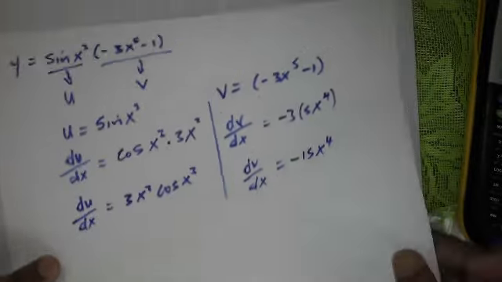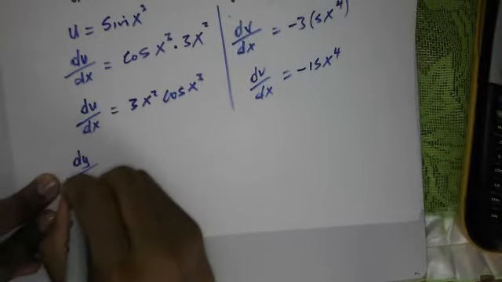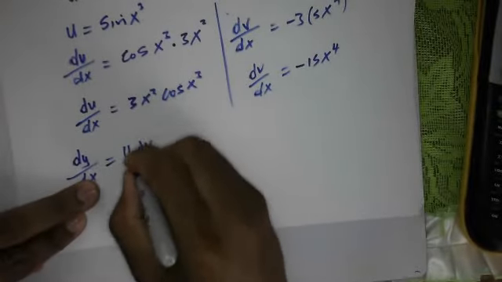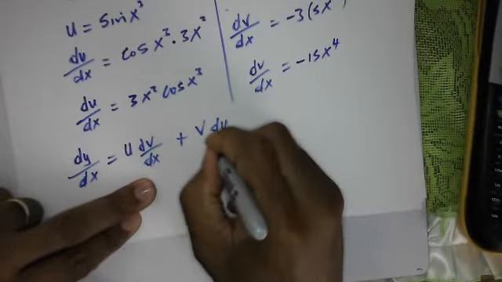So therefore, in differentiating the entire thing, dy by dx would equal u dv by dx plus v du by dx.